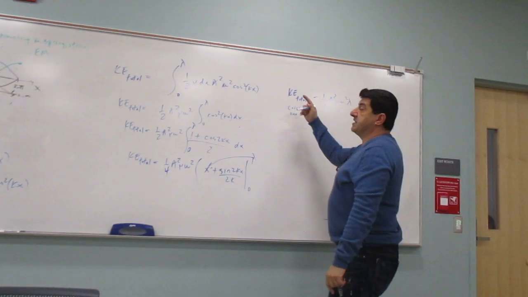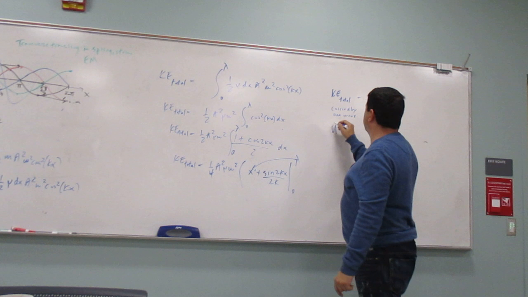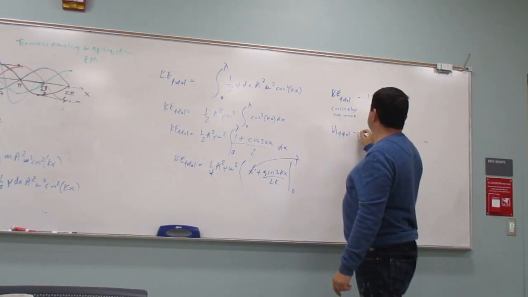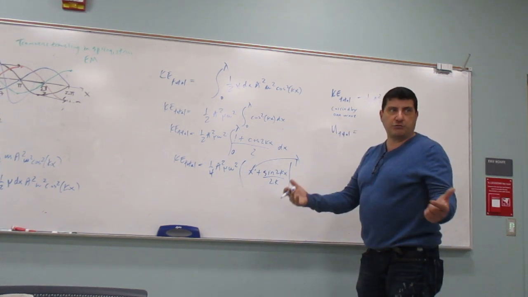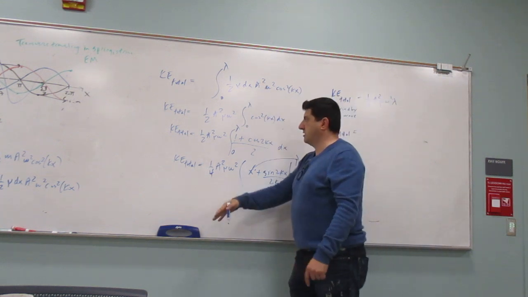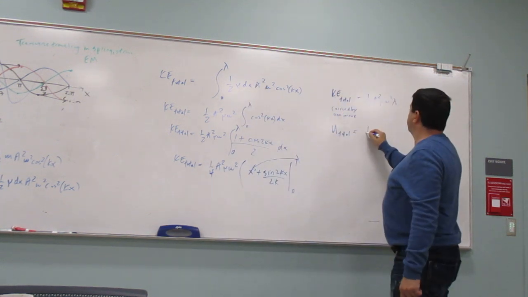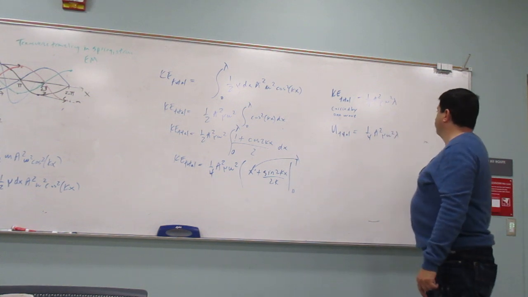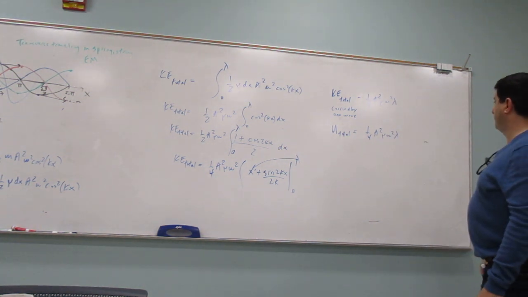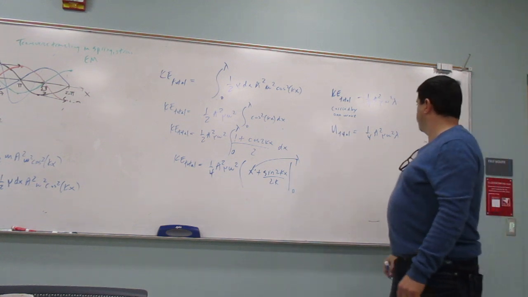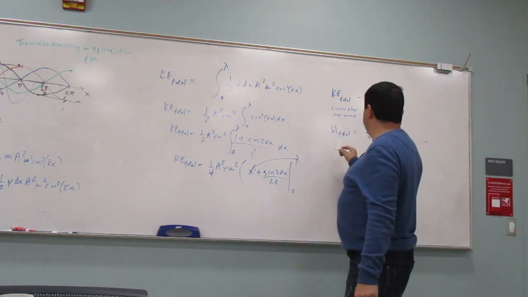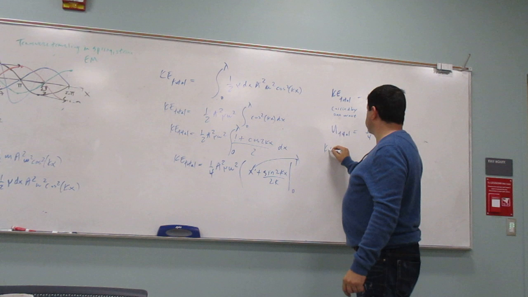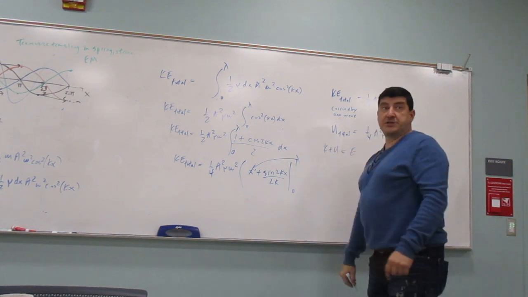So now if the kinetic energy total is that, what's going to be the total potential energy? We don't have to do the whole integral again; by simple symmetry, we're going to argue that it's the same. And then when you add them, you're going to get what? The total energy of the wave.